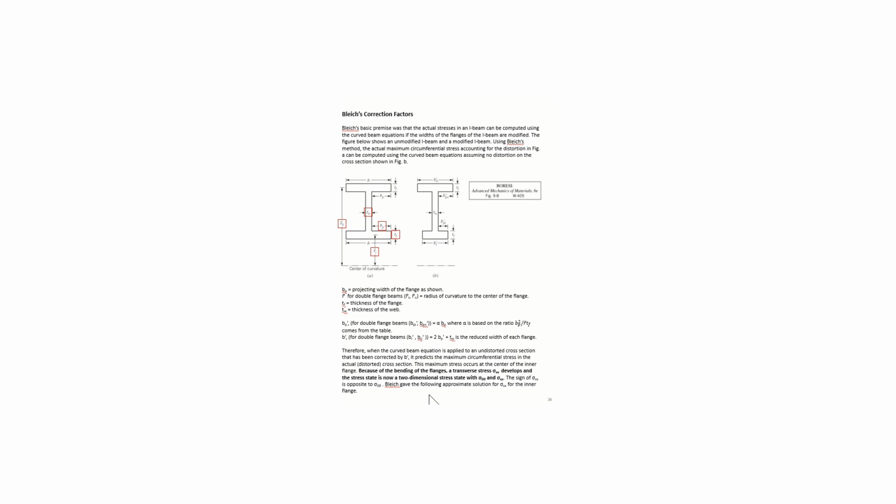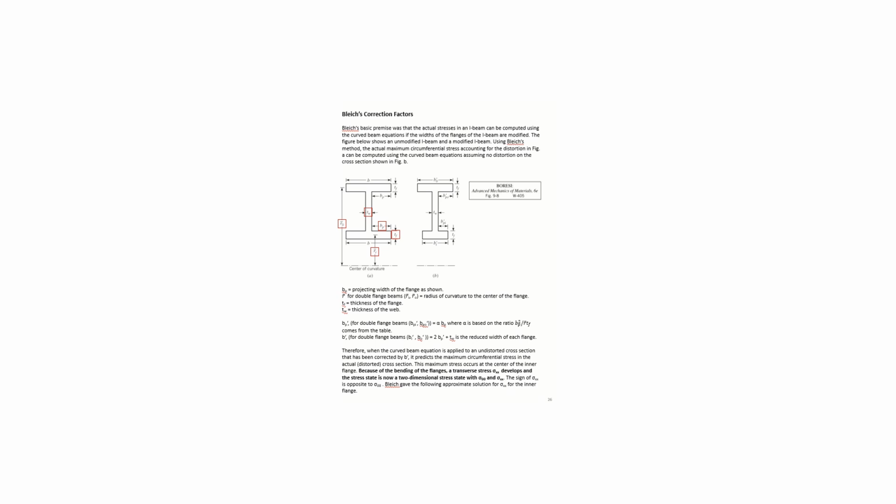Because of the bending of the flanges, this transverse stress sigma xx develops, and the stress state is now a two-dimensional stress state with a sigma theta theta and a sigma xx. And the sign of sigma xx is opposite to sigma theta theta.